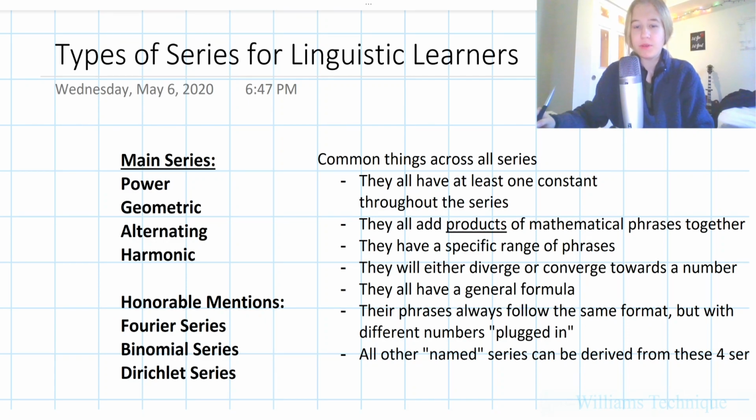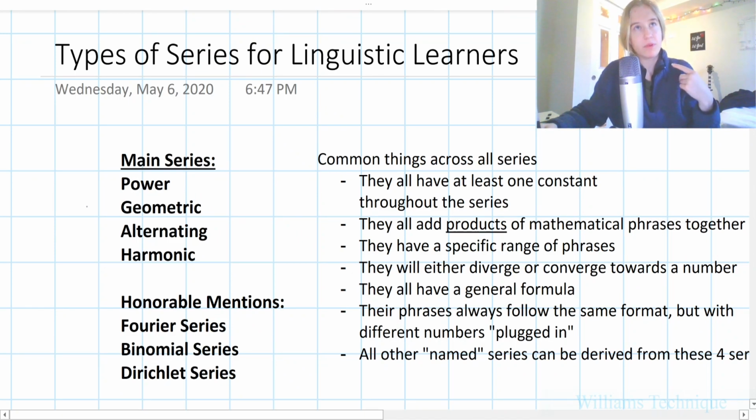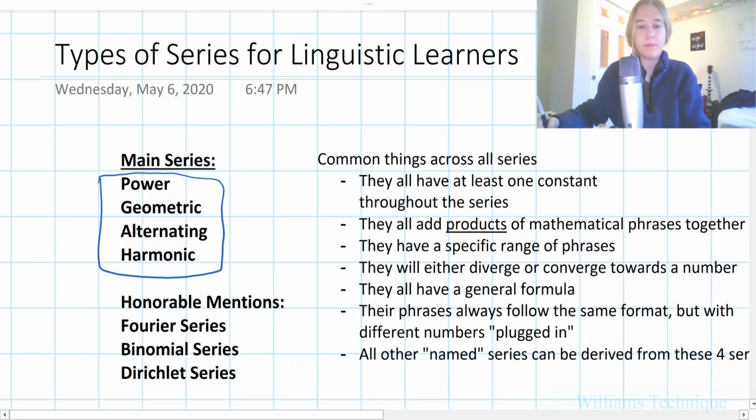But from what I've noticed, almost every series that you would be learning later in your math courses are pretty much all derived from these. They may look a little bit different because they may have trigonometric terms, but generally speaking, they all can be derived from one of these.